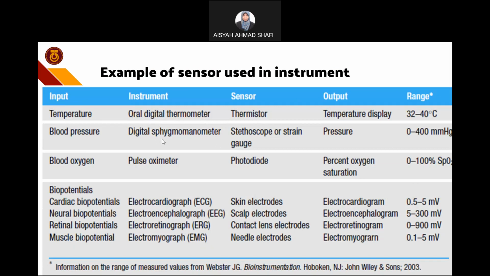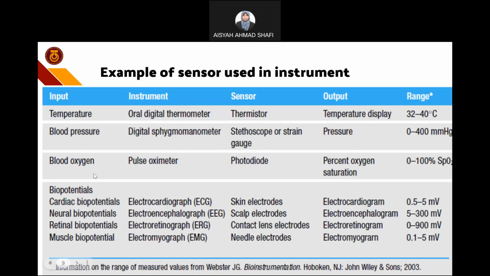And the digital sphygmomanometer is to measure the blood pressure. The sensor used in the digital sphygmomanometer is a stethoscope or strain gauge, so the output display is pressure.